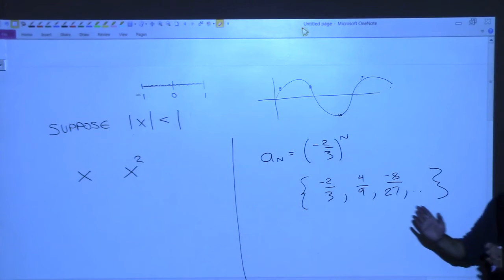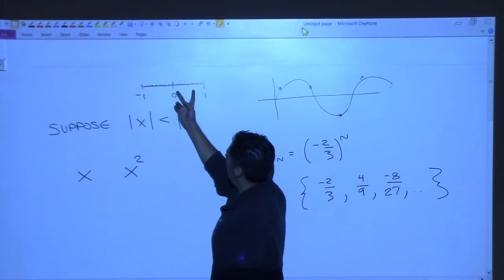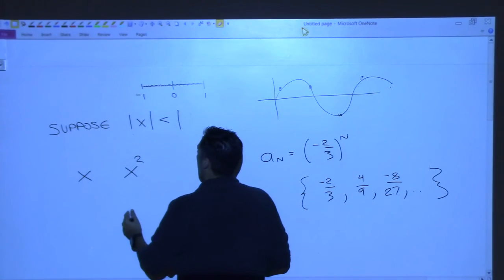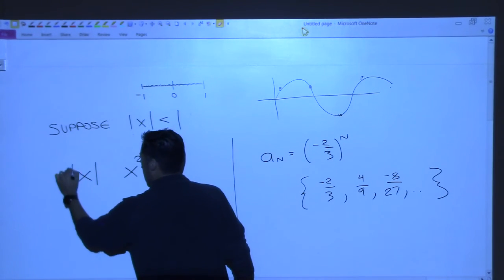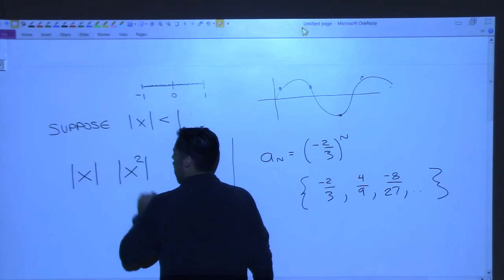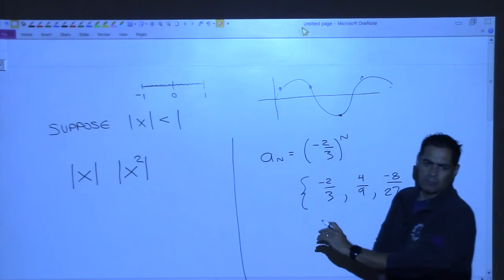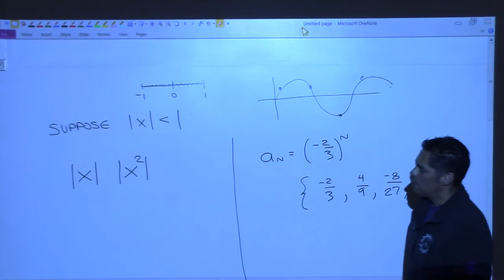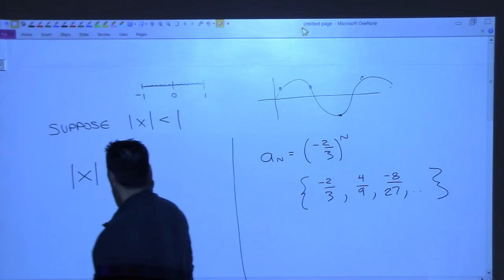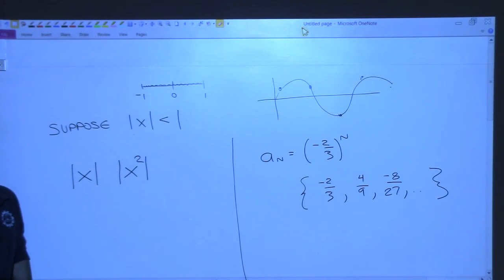Let's take their absolute values just to make this simple. Which one is bigger? Okay, so take an example.